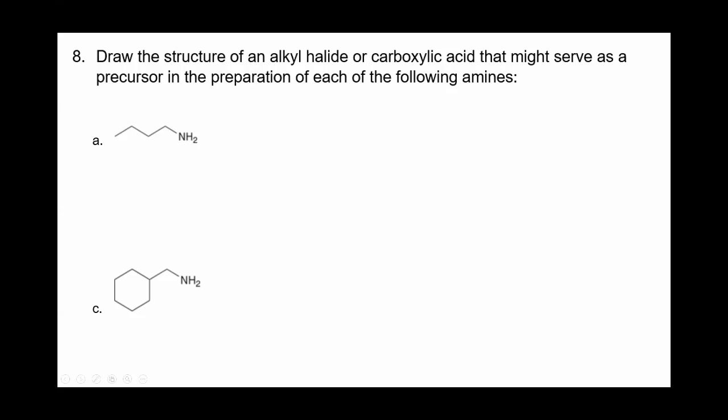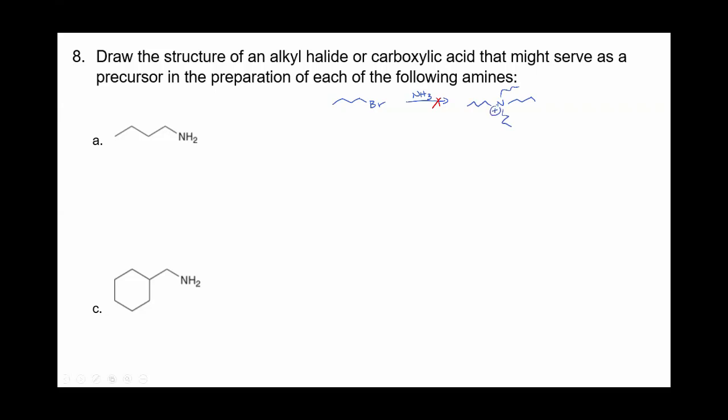Okay, so if you wanted to use an alkyl halide, let's say we're using bromine, we definitely do not want to use this one plus ammonia. That will not give us our target molecule. What that will do instead is make N with this ammonium.